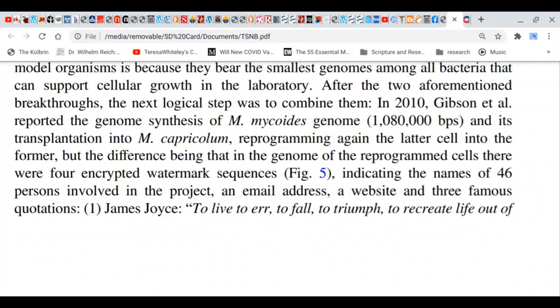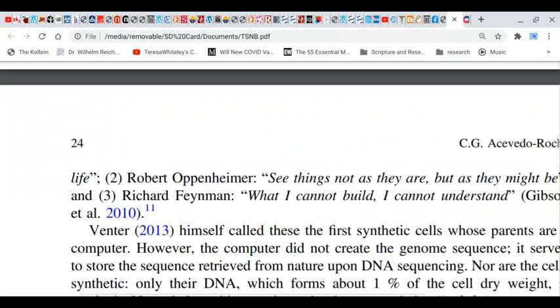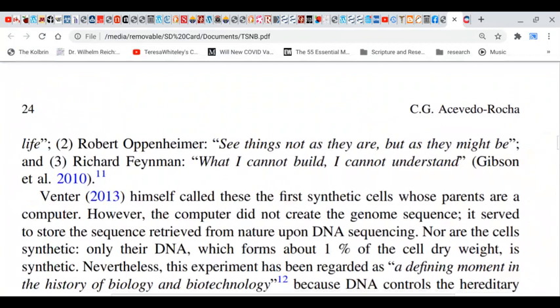To live, to err, to fall, to triumph, to recreate life out of life. Robert Oppenheimer's quote, see things not as they are, but as they might be, and Richard Feynman's what I cannot build, I cannot understand.